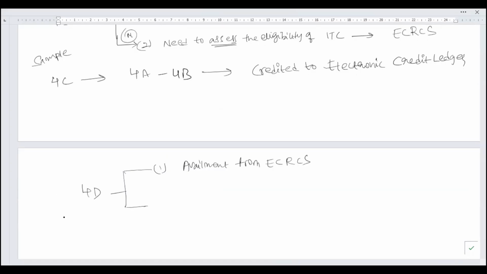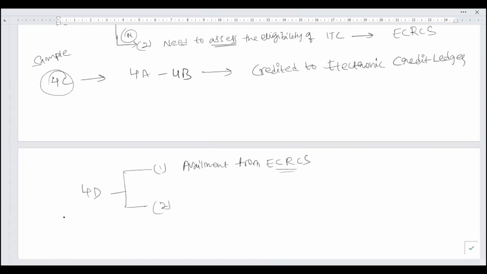How much you have claimed in 4C, I want to know from your warehouse. Now, that electronic credit ledger is like a warehouse. So during the current month, assuming you have claimed 20 lakh, out of that 20 lakhs from warehouse, how much you have taken, they wanted to ascertain.